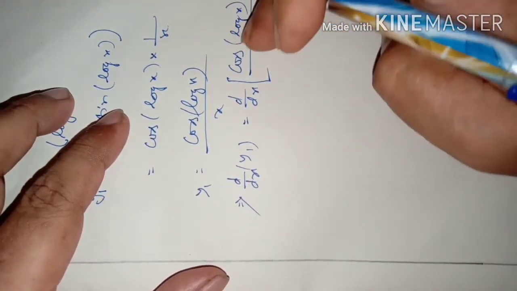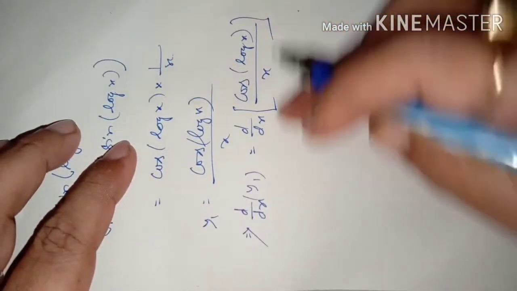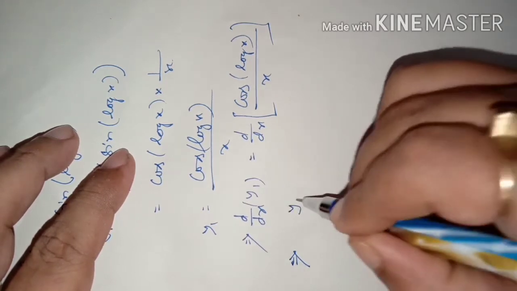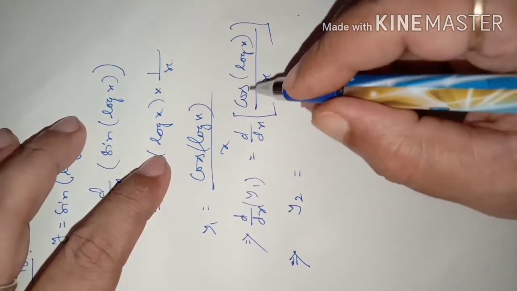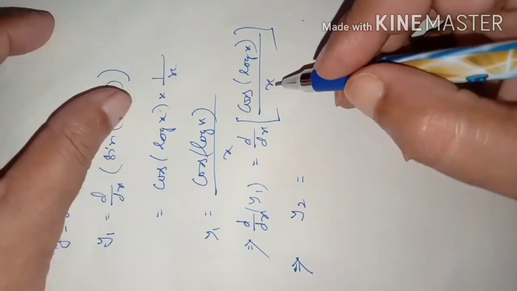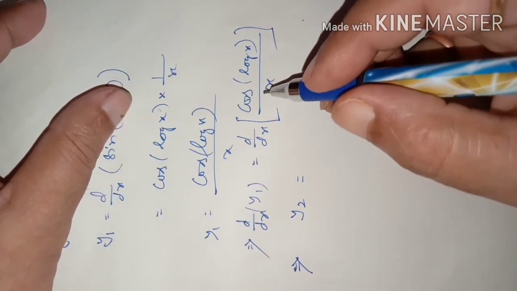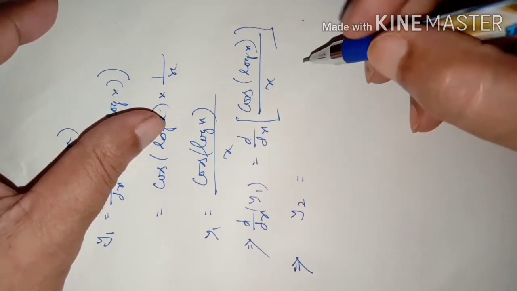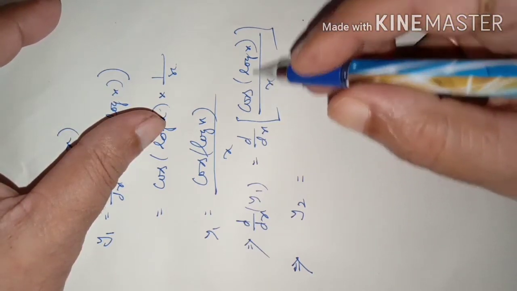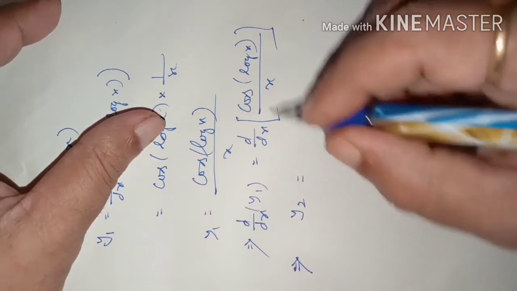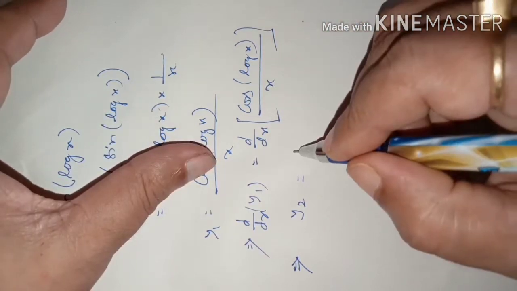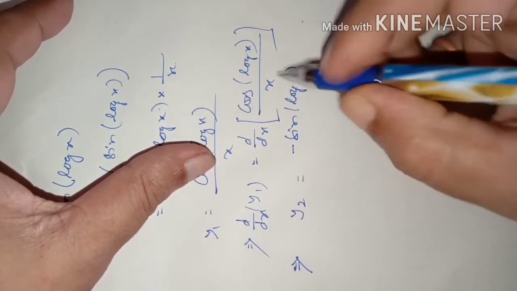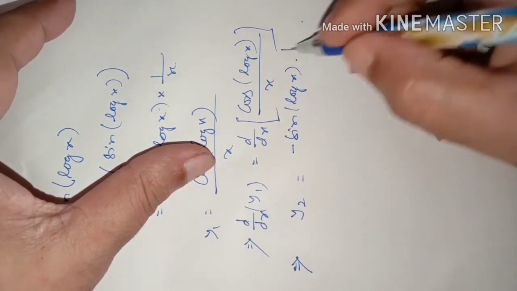If we treat this as u by v, that way also you can get our answer. So here d/dx of y1 is y2. Using the u by v rule, (u dash v minus v dash u) divided by v square. U dash means d/dx of cos log x, which is minus sin log x, then d/dx of log x is 1 by x.